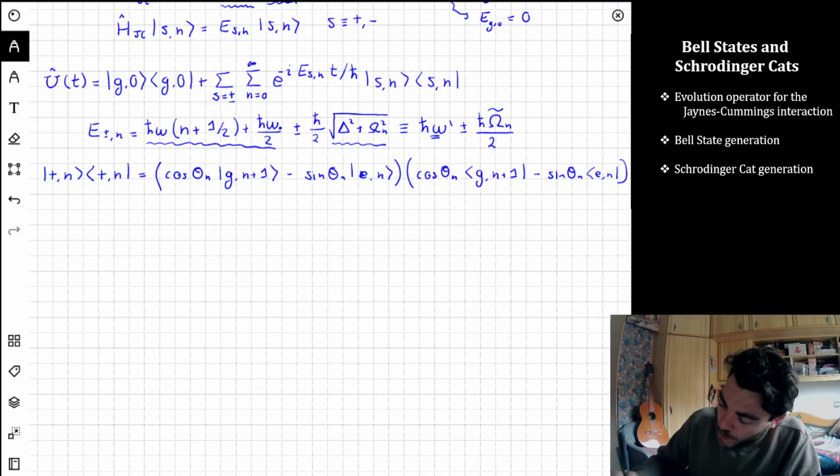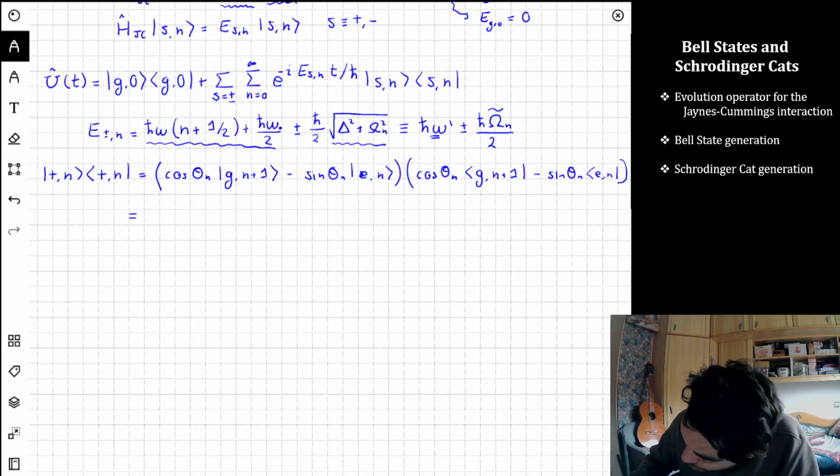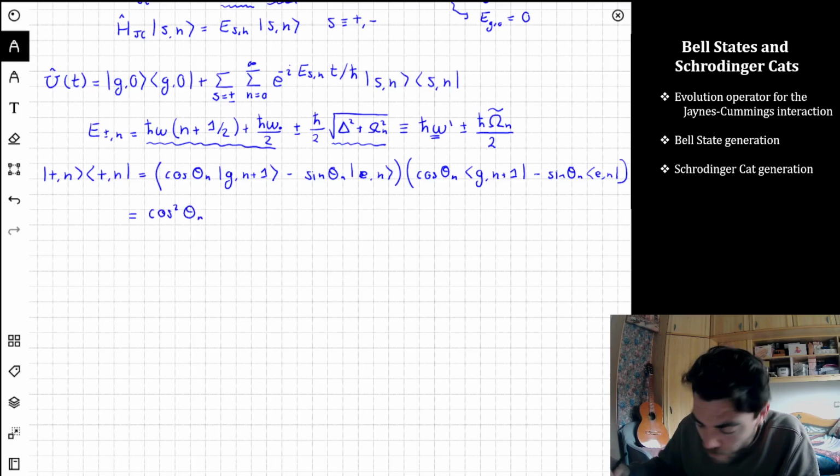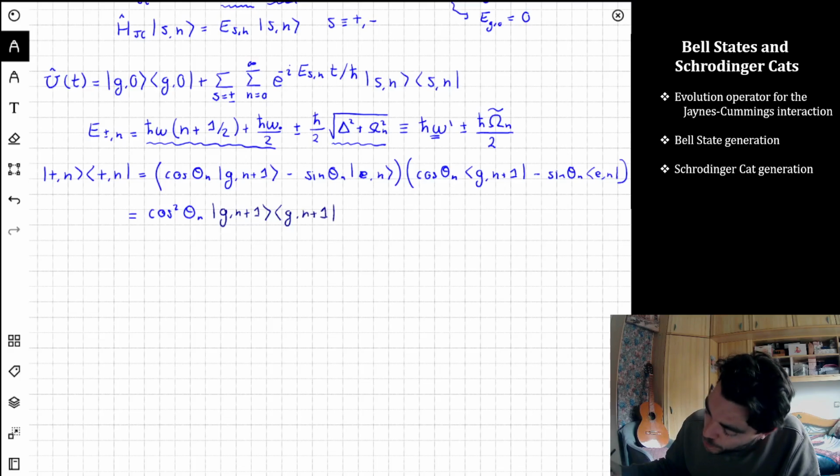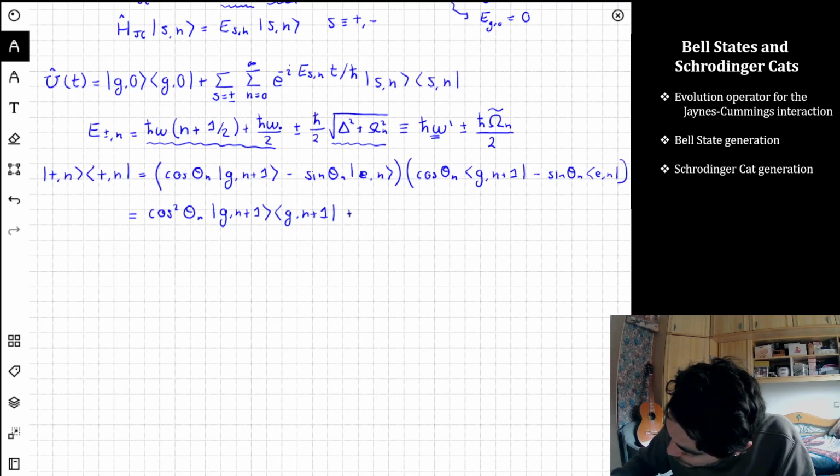So we can calculate all of that, and one simply gets the cosine square of theta n, and then you project the first, g n plus 1 g n plus 1, then plus the sine square of theta n, and then project e n.